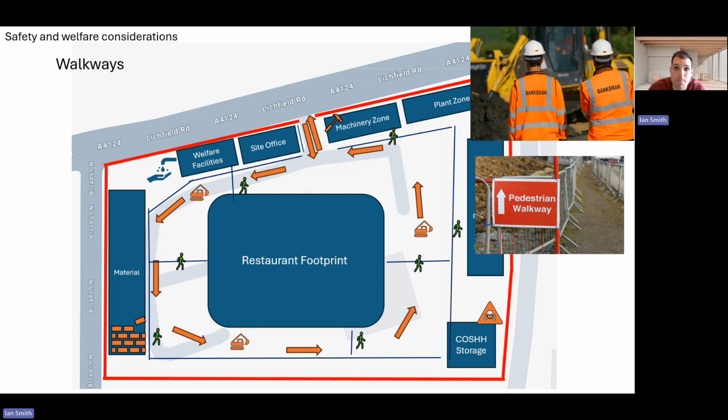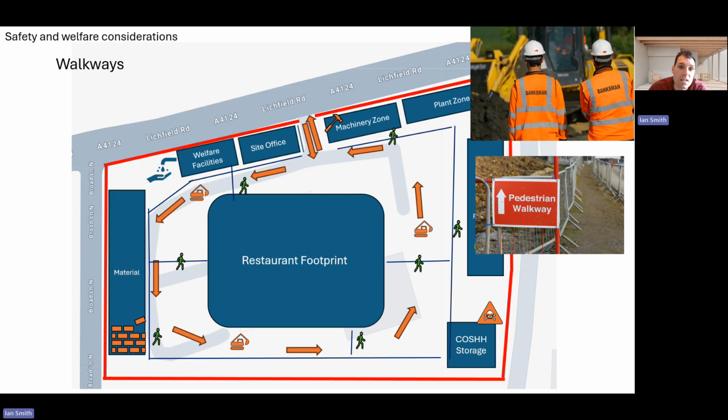To complement this, we have our pedestrian walkways. The pedestrian routes are highlighted by the blue line that we can see circling the site. It sits on the outside of the plant movement, on the side of the site office and welfare facilities, and you can see it accesses the materials, the cost storage, the waste recycling, the plant zone, and the machinery zone.